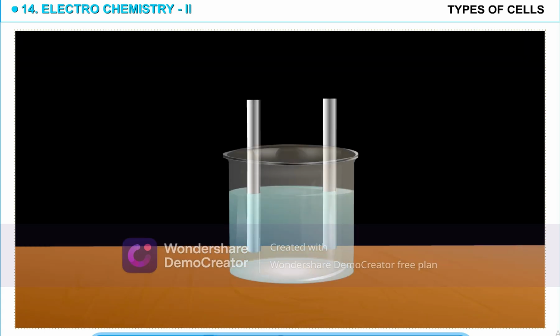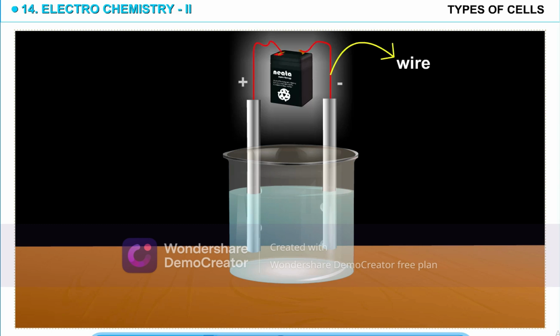When the electrodes are connected externally through a wire and the electrons flow through them, the electrical circuit is said to be a closed circuit. If the electrodes are not connected externally and the electrons do not flow from one electrode into the other, the electrical circuit is said to be an open circuit.